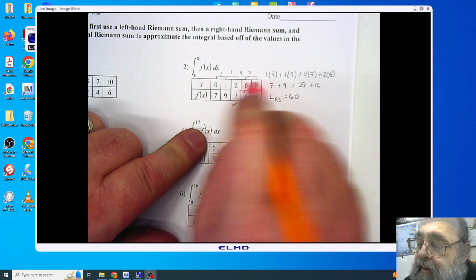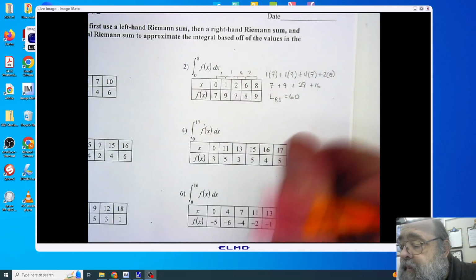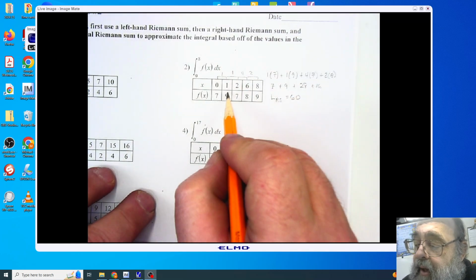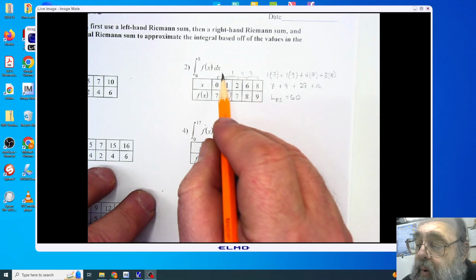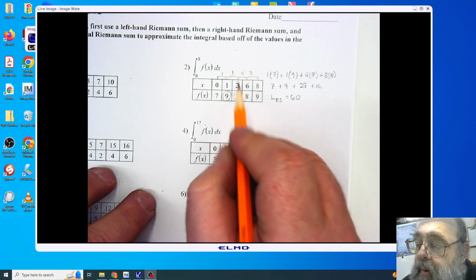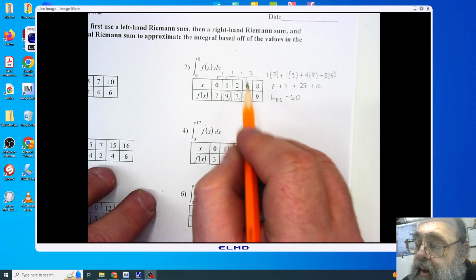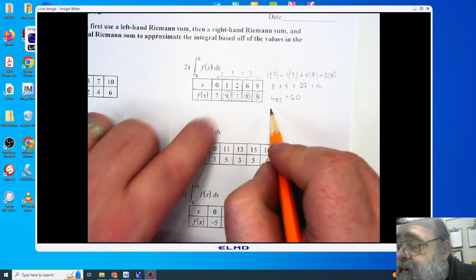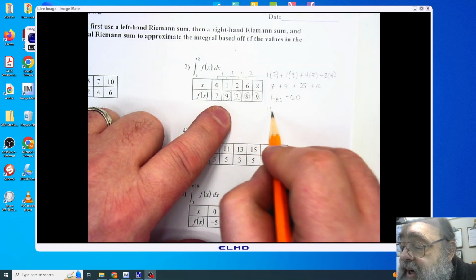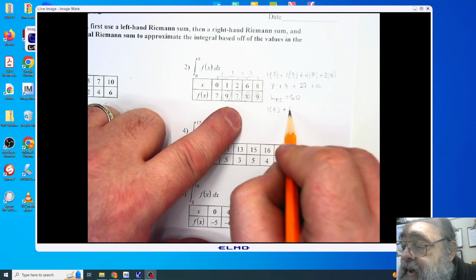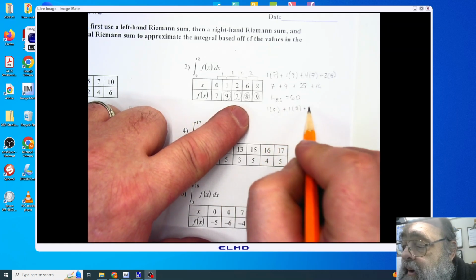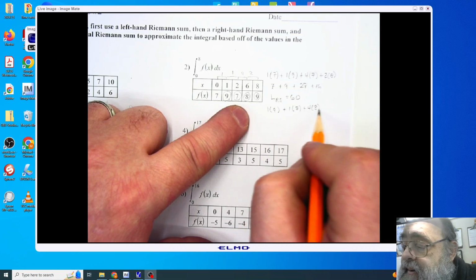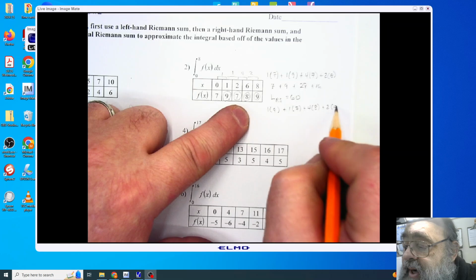To find the right Riemann sum, we're going to use the same lengths, so those values that are up top. But now we're going to pair them with the right value, or the value to the right. So 1 and 9, 1 and 7, 4 and 8, 2 and 9. There we go. 1 times 9 plus 1 times 7 plus 4 times 8 plus 2 times 9.